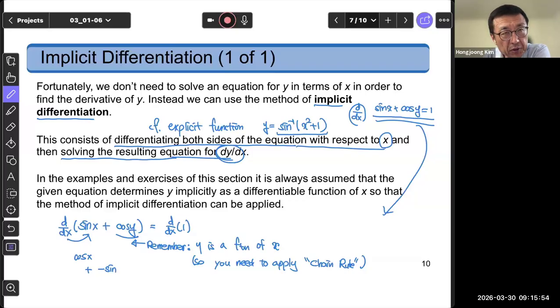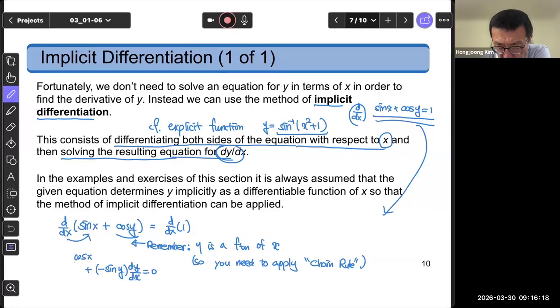You evaluate this at the inner function, which is y. But that's not the end of the chain rule. You need to multiply by the derivative of the inner function, that is dy dx or y prime. And that must be the same as the derivative of the right hand side, which is 0.